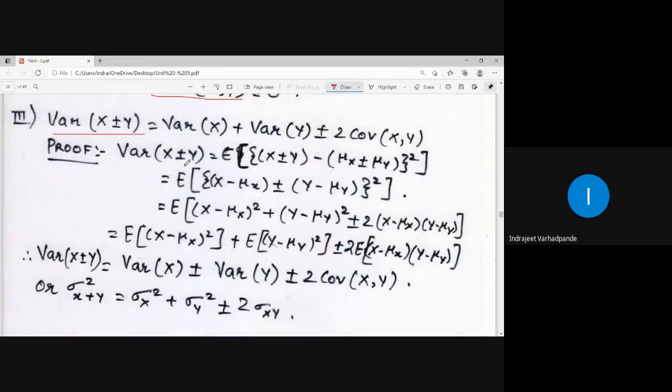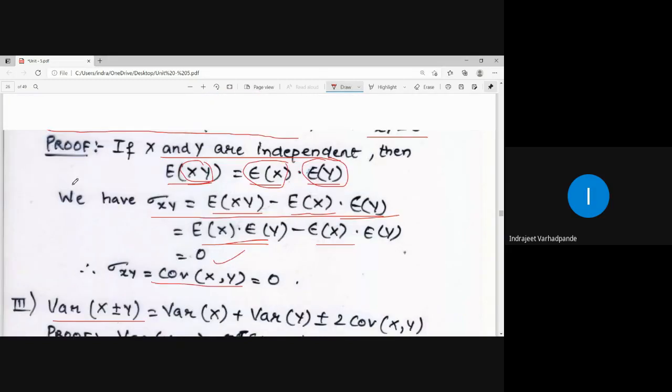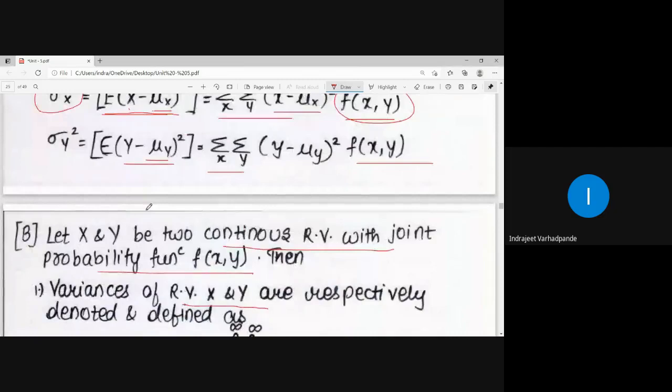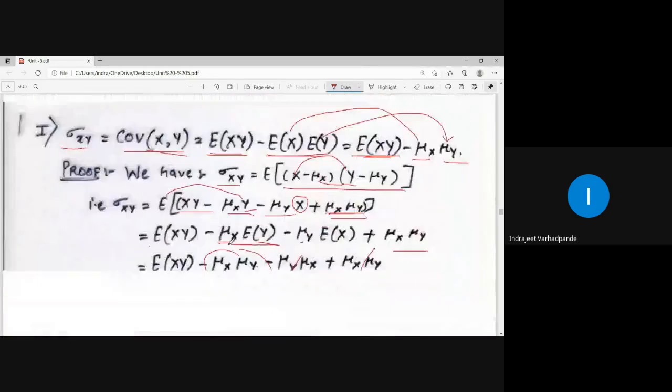So this is another statement that we can be asked to prove. What do you understand by the definition of variance of x? Variance of whatever quantity we want to take is the expectation of x minus mu x, or y minus mu y, whole square. Here you have seen prior to this, whenever I am calculating the variance of x, variance is nothing but expectation of x minus mu x whole square, or whatever is the quantity to be calculated.